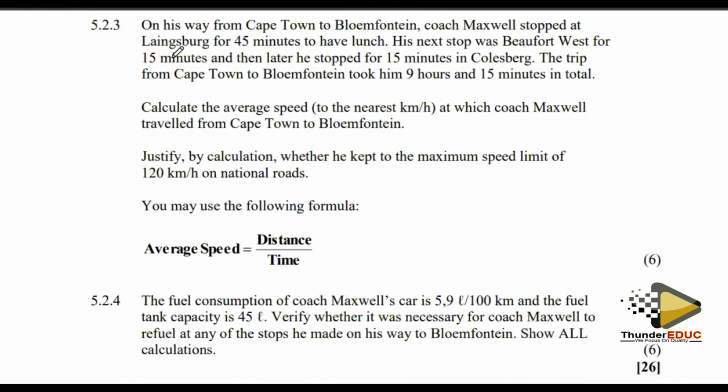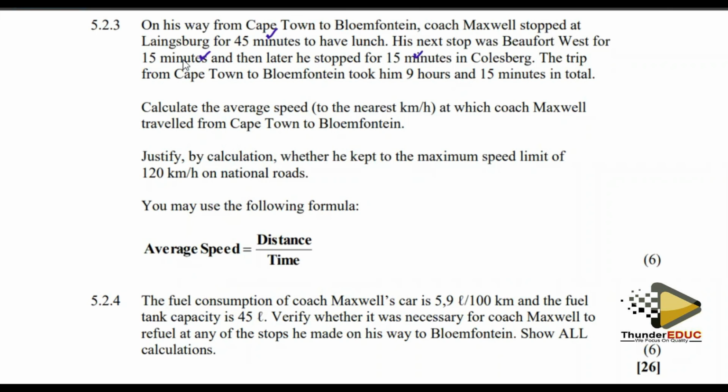Question 2.2.3. On his way from Cape Town to Bloemfontein, Coach Maxwell stopped at Johannesburg for 45 minutes to have lunch. His next stop was Beaufort West for 15 minutes. And then later he stopped for 15 minutes.